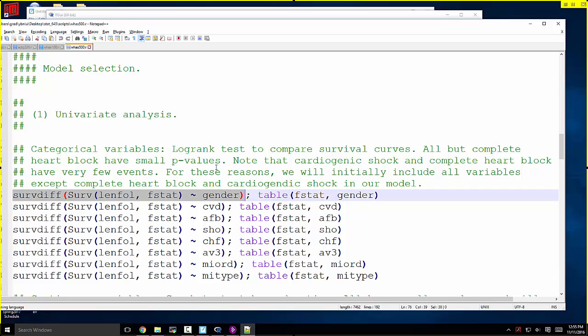If we fit survival curves to different levels of a categorical variable, we can use the log rank test to test whether the survival curves are different. So if the survival curves are different by gender, that's indicative that the hazards are going to be different for gender. So if I do a log rank test comparing survival across the levels of gender, and we see evidence that survival does differ by gender, then that's evidence in favor of including gender in the Cox model.